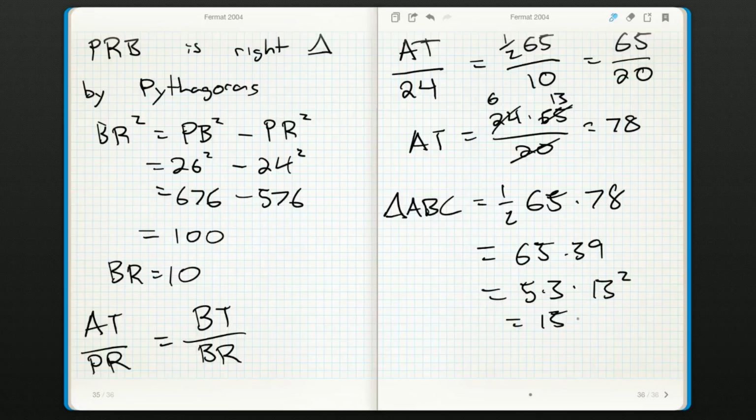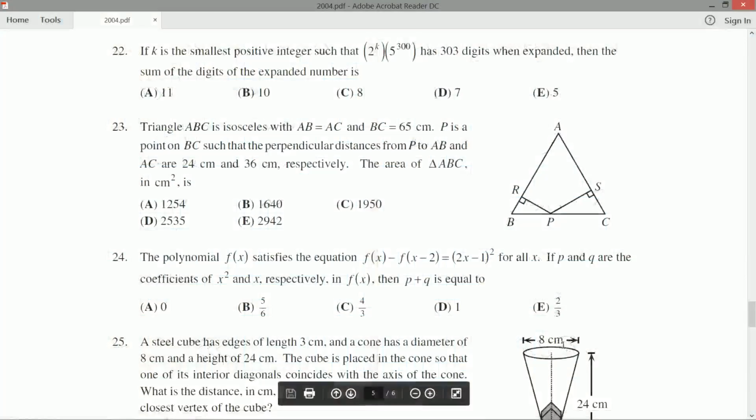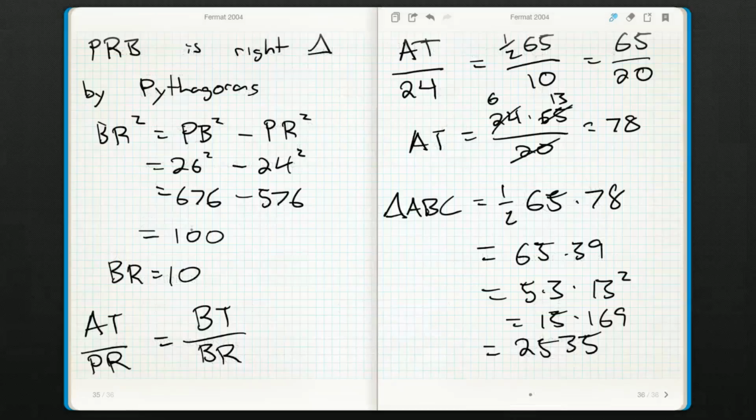That would be 15 times 169. I thought if I could rearrange it that I could just do it in my head. I can't. So 15 times 169. We get an area of 2,535. That seems a little high, but that's one of the answers. D, so that's what we're going with.